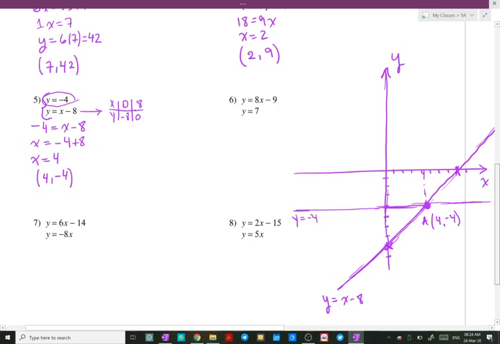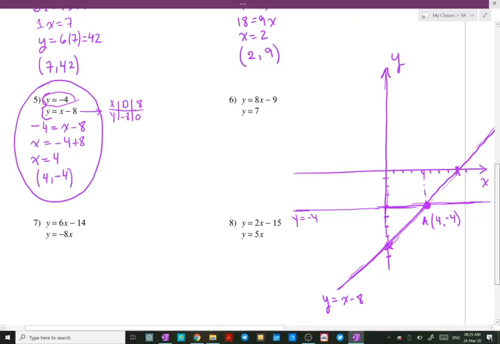So this is how we find the solution of the system graphically, by drawing the two lines and finding their point of intersection. And this is how we find it using algebra, by solving the system in the methods that we learned, either substitution or elimination.